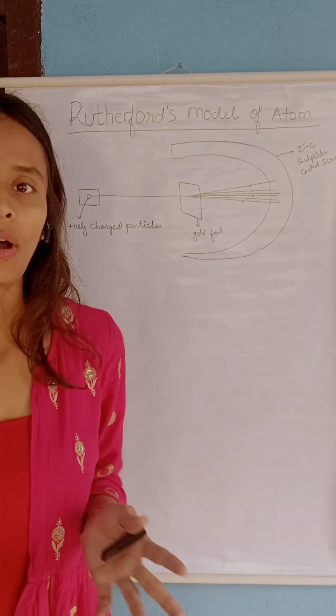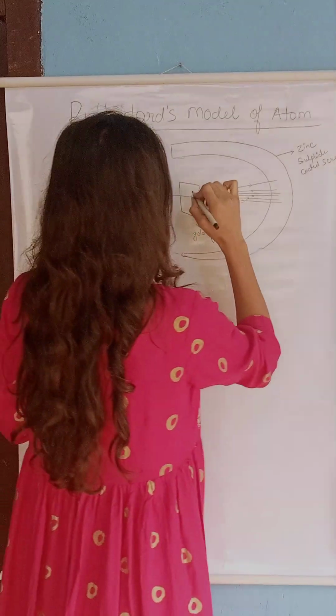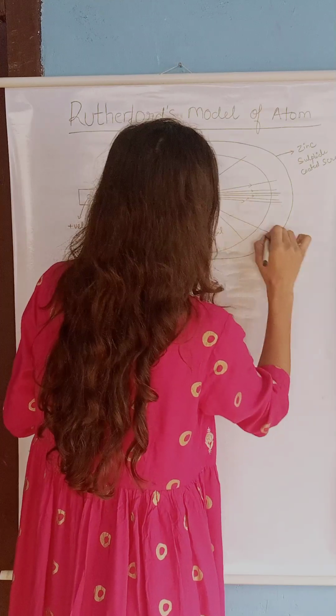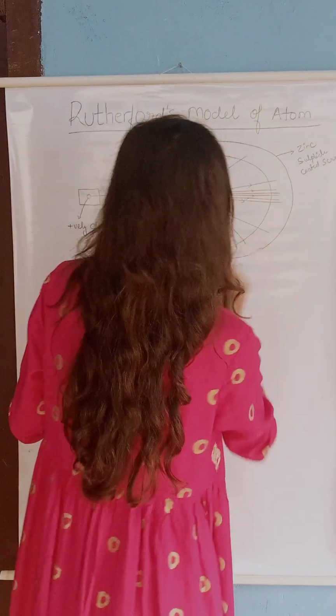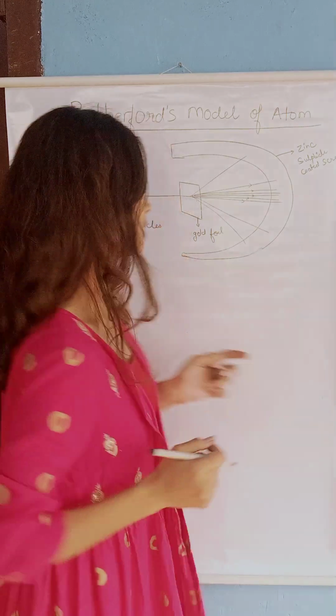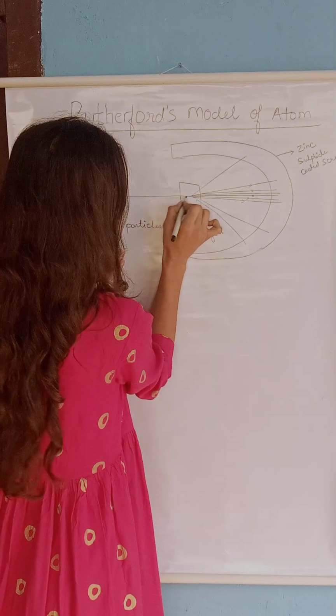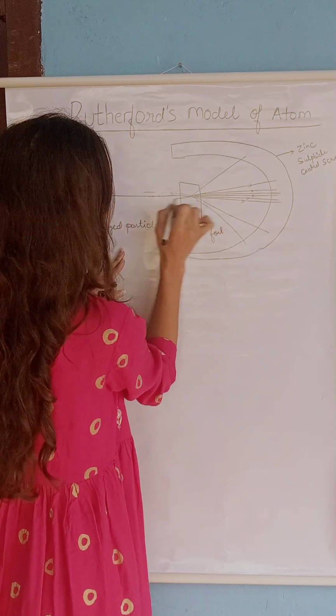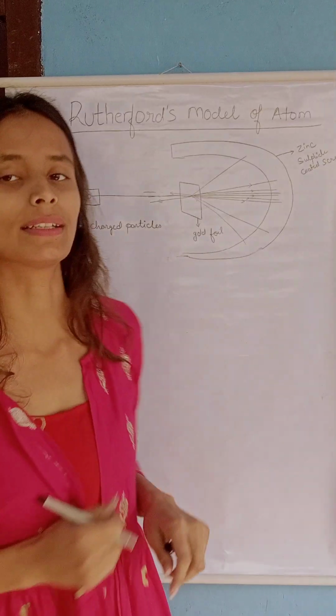The second observation was that some of the alpha particles got bent at certain angles. The third and last observation was that 1 out of every 12,000 alpha particles, a very few, rebounded.